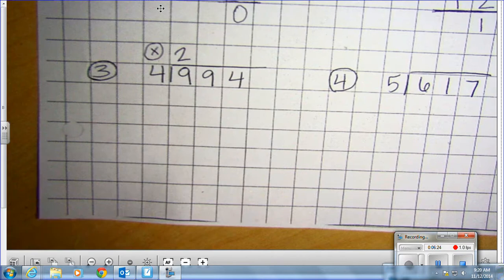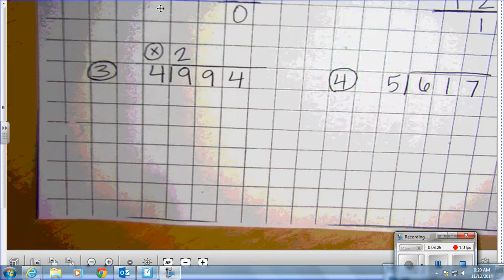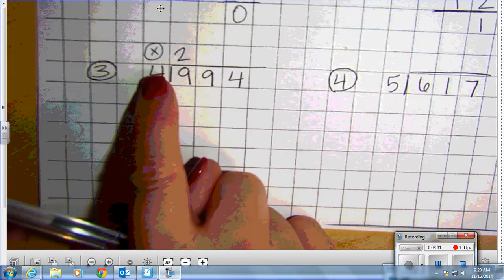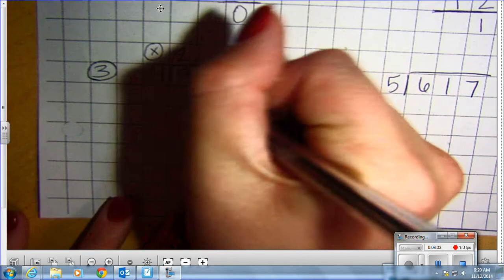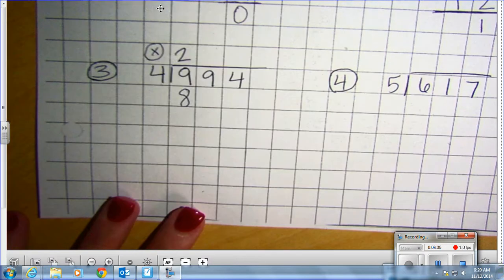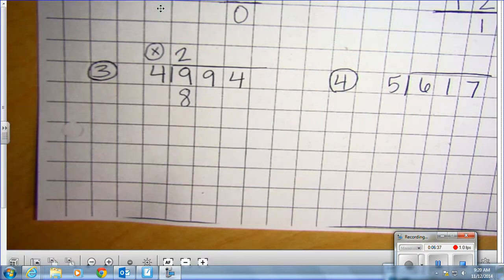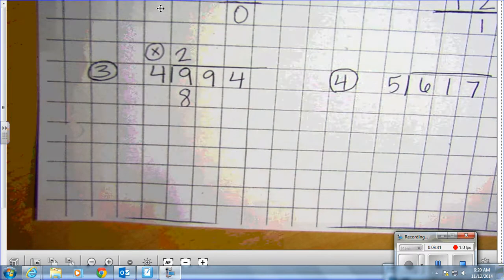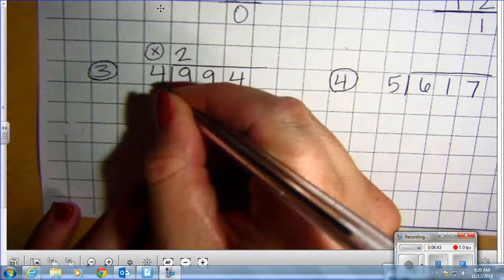Now I multiply. 2 times 4 gives me 8. So I divided. I multiplied. Now I subtract.